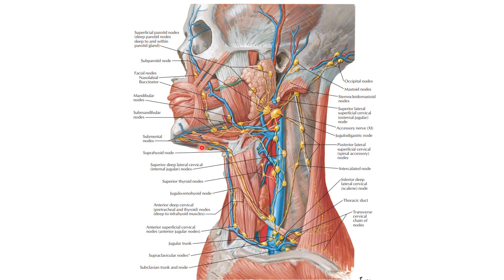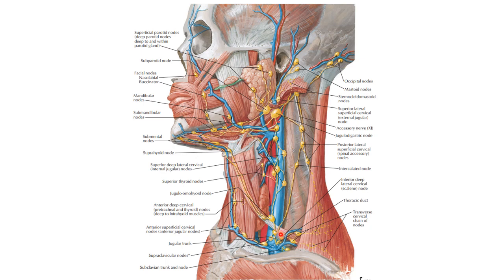and then into the superior, deep, lateral cervical nodes, which will abut the internal jugular vein. So the effluent here in the superior deep lateral cervical nodes will continue inferiorly into the jugulo-omohyoid node. Again, because you have here the internal jugular vein and the omohyoid muscle, which will insert into the shoulder and originate on the hyoid bone.